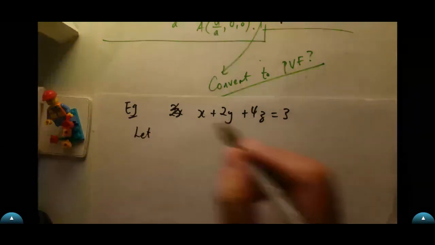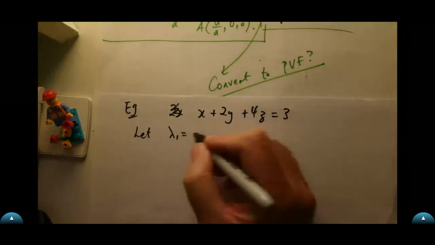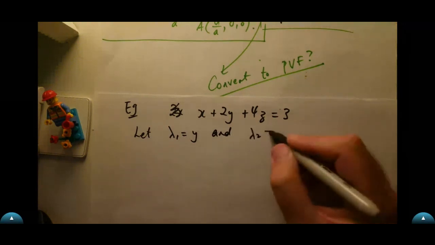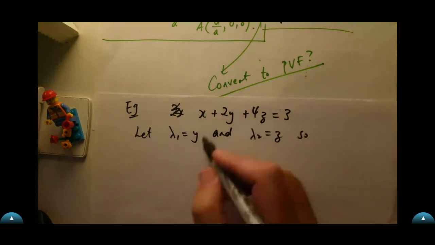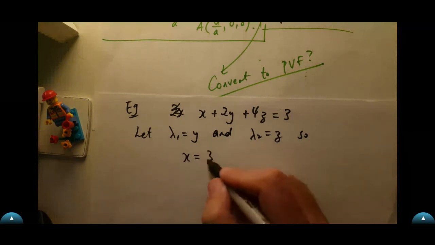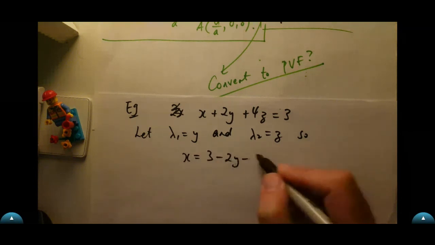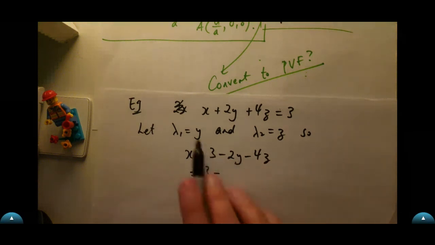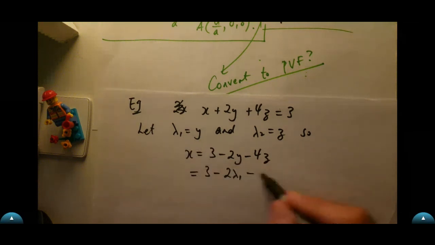You can introduce these two parameters. So it's going to be 3 minus 2 lambda 1 minus 4 lambda 2.